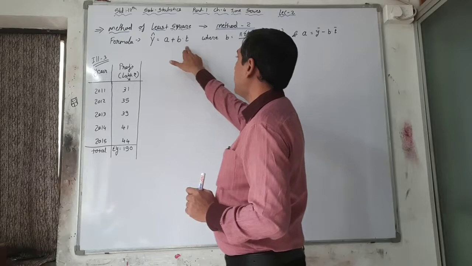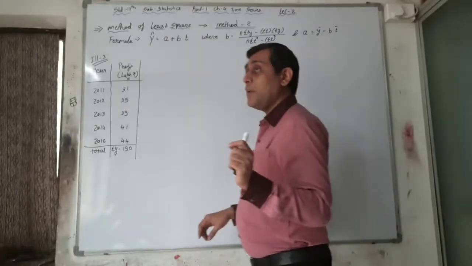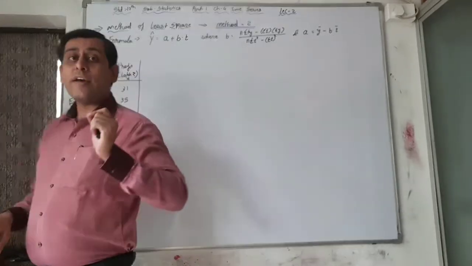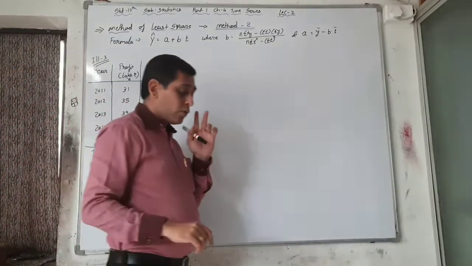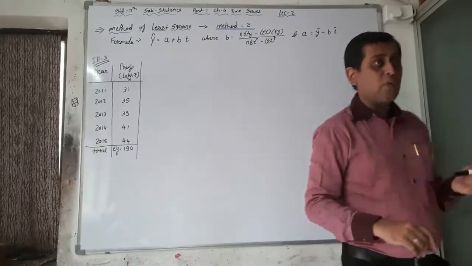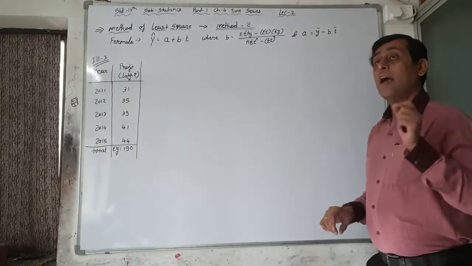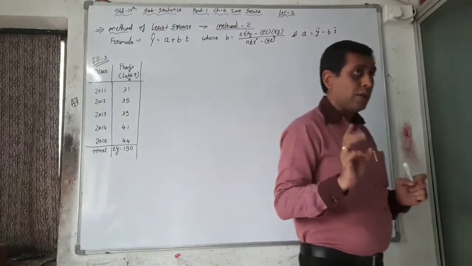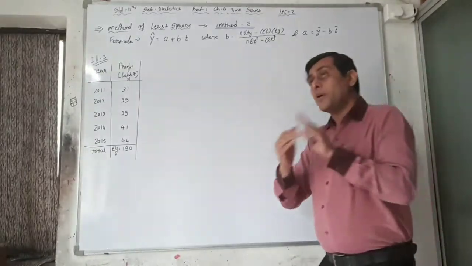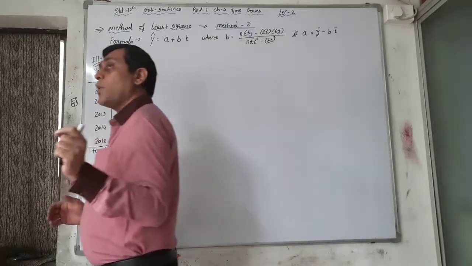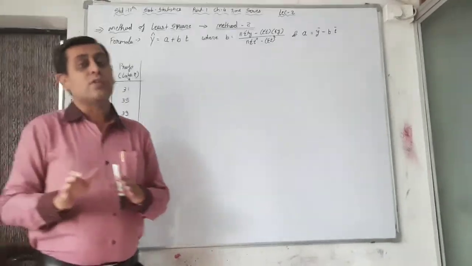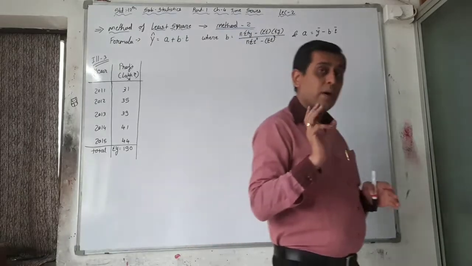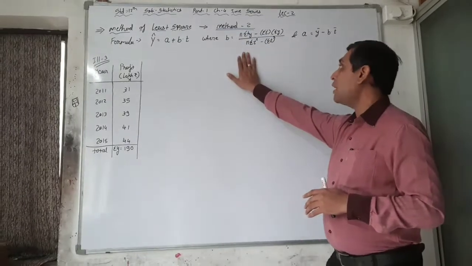Y cap is equal to a plus bt, where there are 3 or 4 or 5 methods in chapter number 3 for b, because x is changing there. Here t is fixed. The x variable is changed in chapter number 3. Units change, numbers change, all are changing. That's why there are 4 to 5 methods for b in chapter number 3. But here t is fixed.